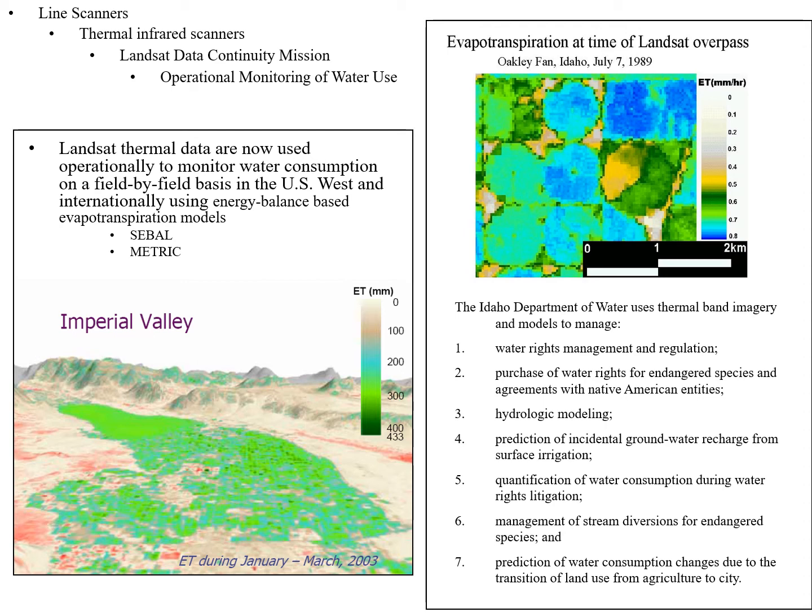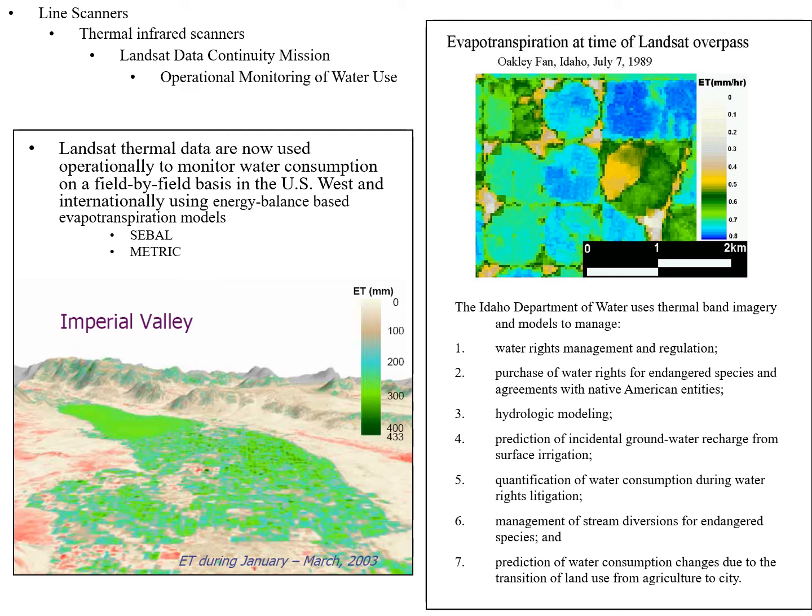When they're doing purchasing of water rights for endangered species and agreements with Native American entities, you need to be able to make sure that the people you're buying the water rights for are not also, sort of double dipping. They use it for hydrologic modeling.